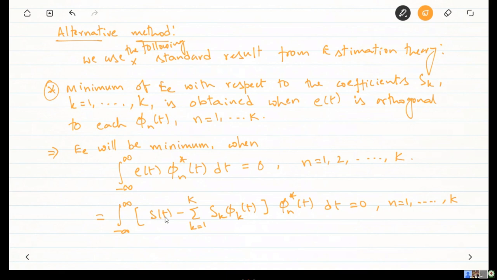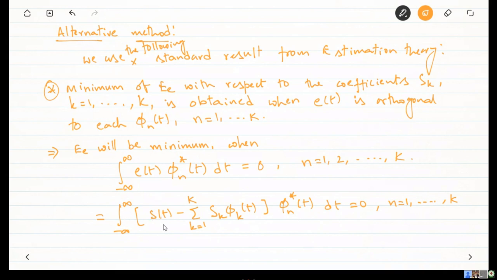Right? So this equation is nothing but this equation. So now we have k such equations, right? Using these equations, like this integral of this is equal to 0, we want to find out the coefficients Sk. So now let's take one of these equations. We have n such equations, right?